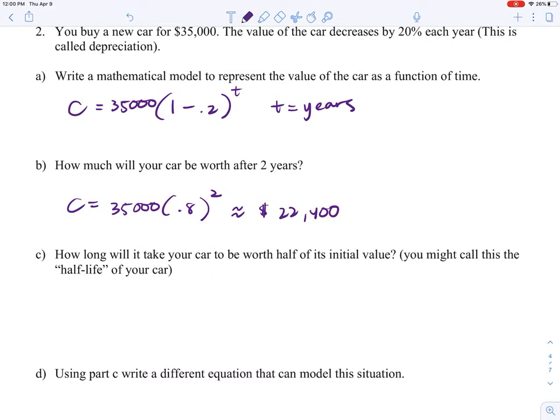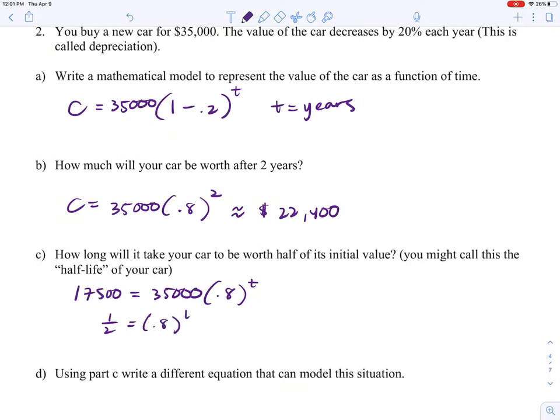Okay, part C. How long will it take for your car to be worth half of its initial value? You might call this the half-life of your car. Well, if it starts at $35,000, half would be $17,500. And we're solving for that time.